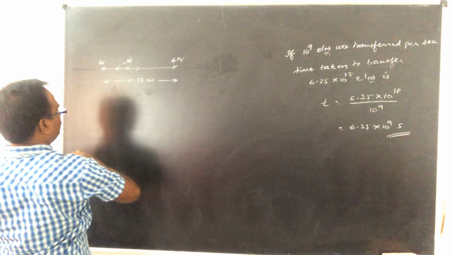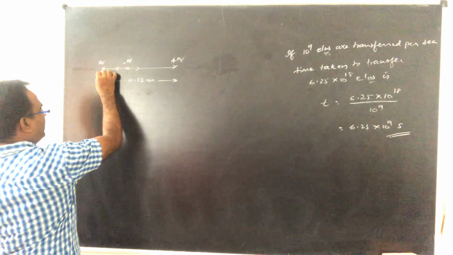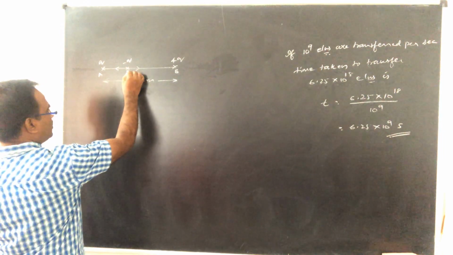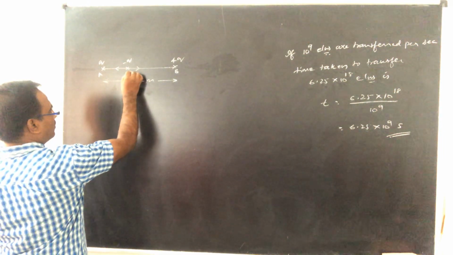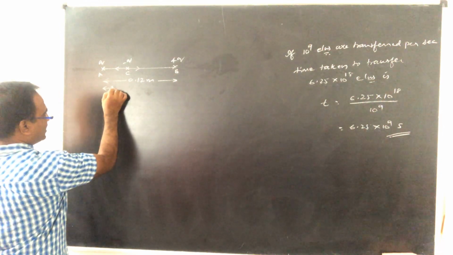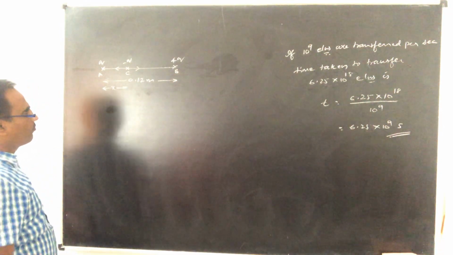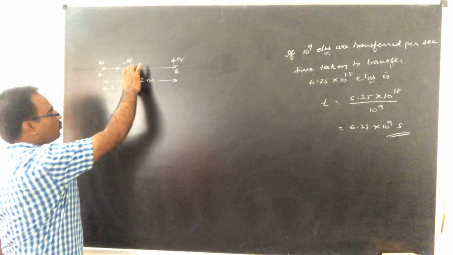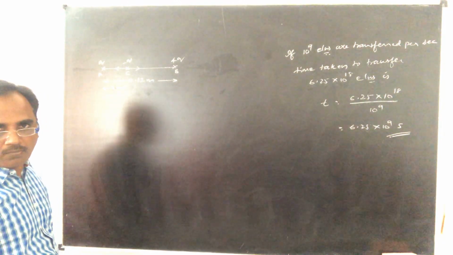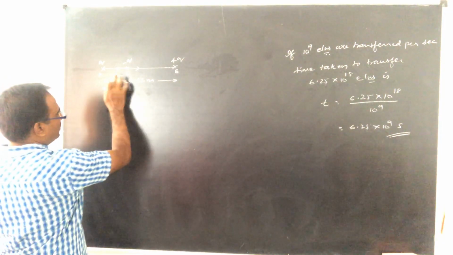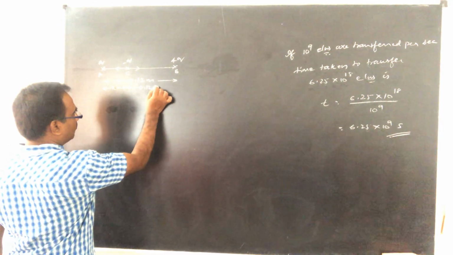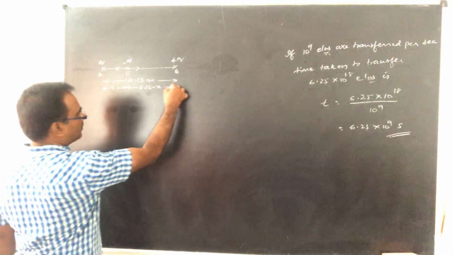So this point is A, this point is B, let this point be C. Now let x be the distance at which this minus q is to be placed between the two charges so that it can be in equilibrium. So when this distance is x, the remaining distance will become 0.12 minus x.